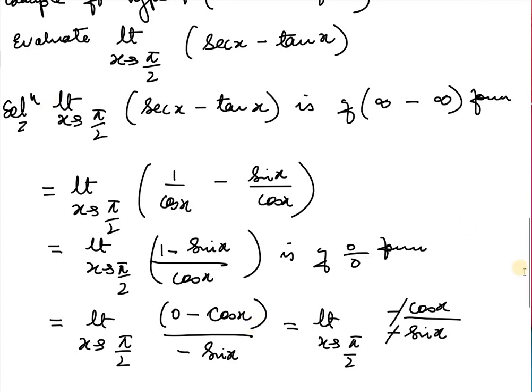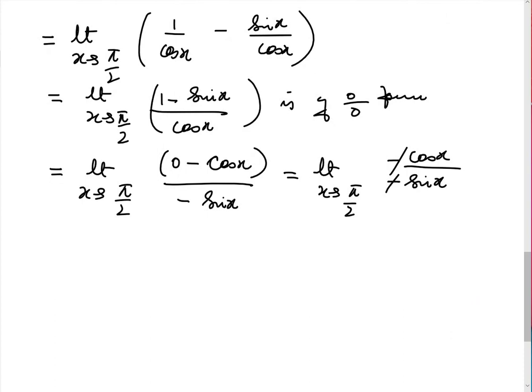Minus minus will be cancelled. So this is equal to limit x tends to pi by 2, cos x by sin x. Now let us see, if we replace x by pi by 2 in the numerator, cos pi by 2 will become 0, but in the denominator sin of pi by 2 is equal to 1, which is not equal to 0.